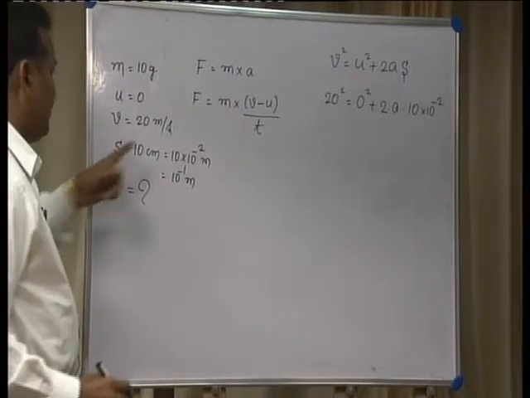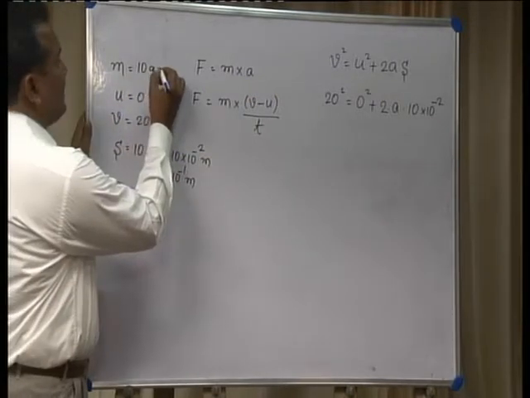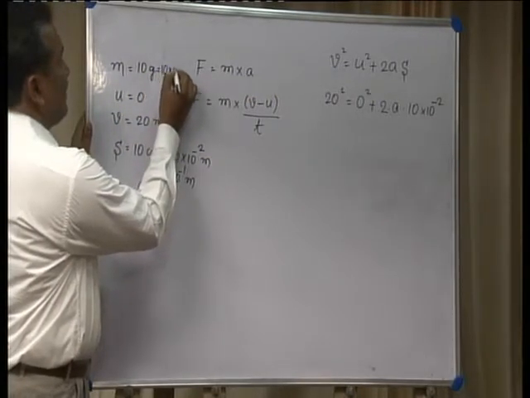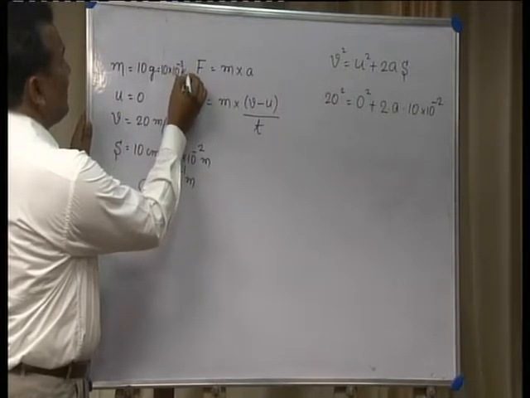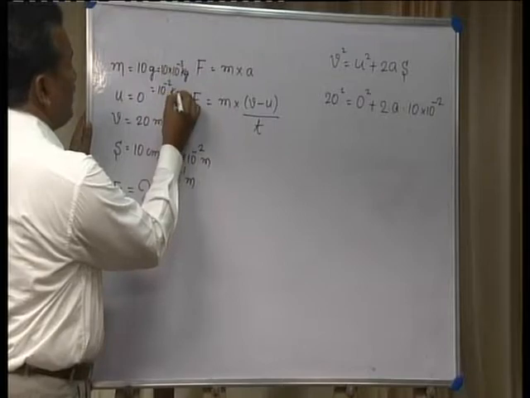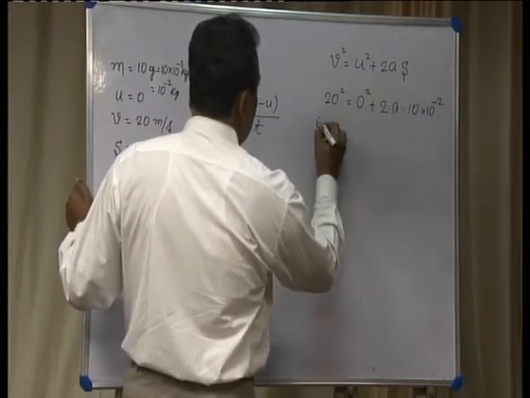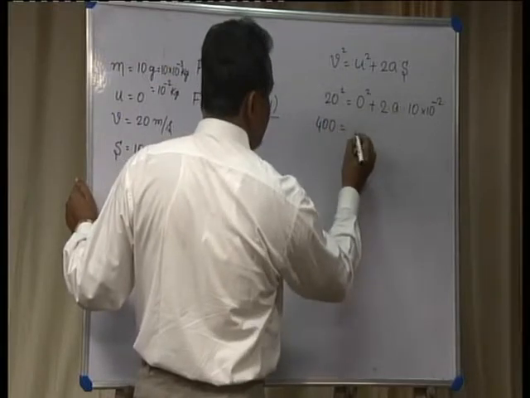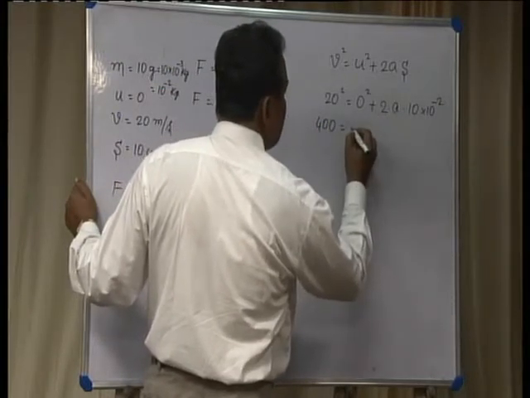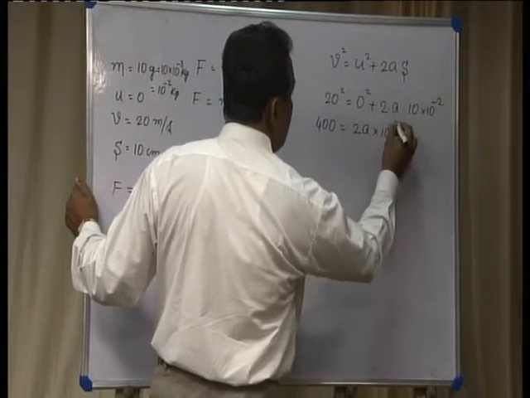Now, simplify it. Velocity is in meter per second, distance is in meter, mass is in gram. Mass is in gram, and 1 gram is 10 power minus 3 kg, so this is 10 power minus 2 kg is the mass. Now 20 square is 2a into 10 power minus 1.